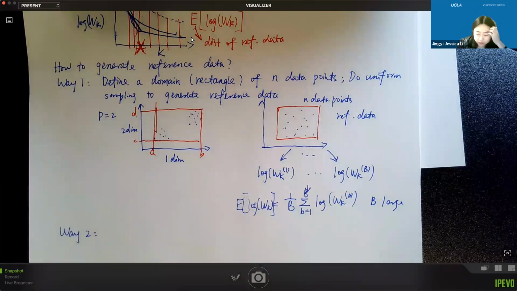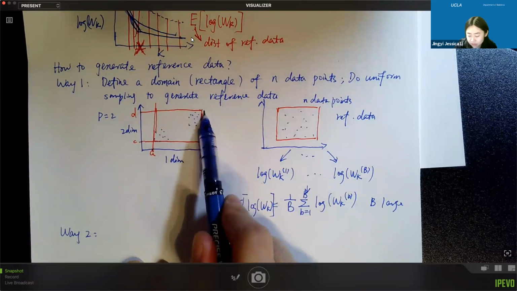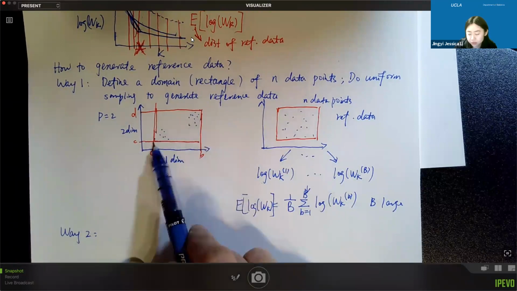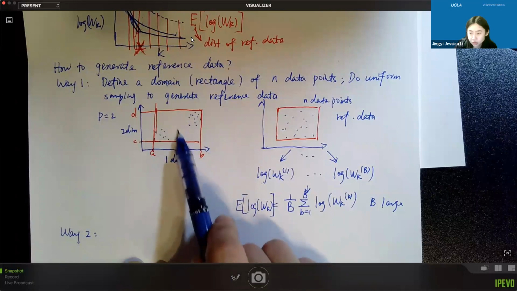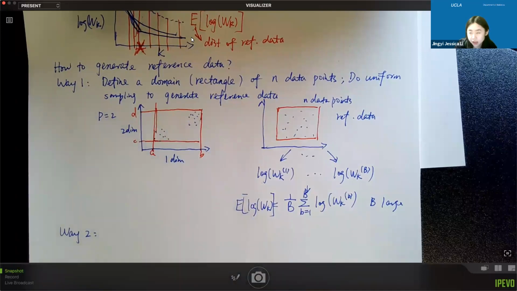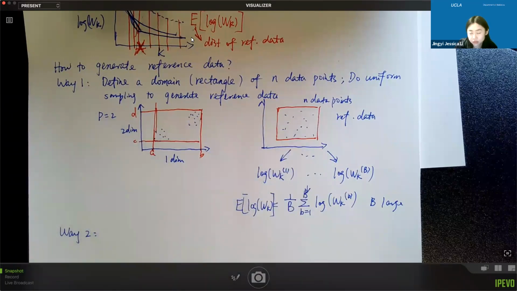In the new coordinate system, we want the first dimension to capture most of the variance in our data. Clearly in this case, it will be this diagonal direction. That will be our new dimension 1, and what's orthogonal to it is the new dimension 2. This can help us define a better rectangle for generating data instead of the original one. So that's the intuition behind it, and that's just the idea of PCA.